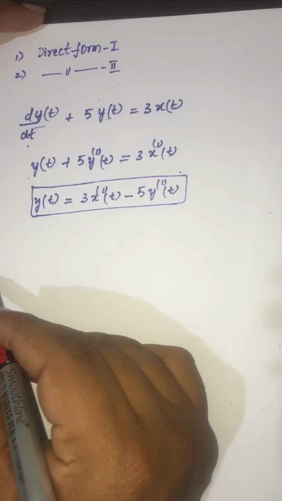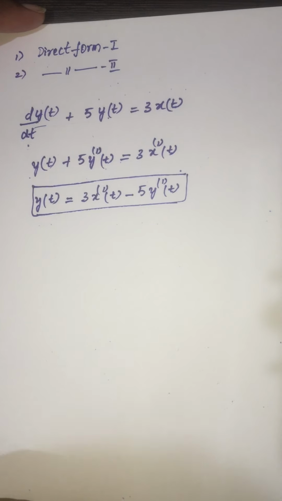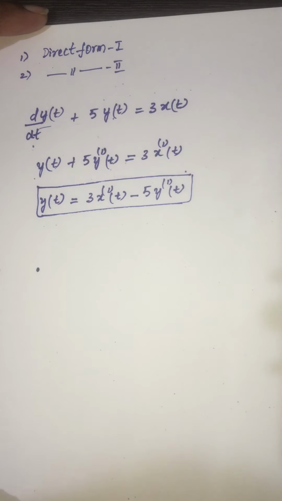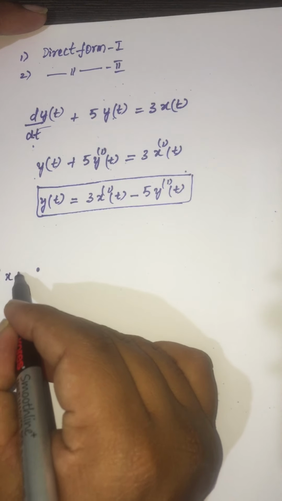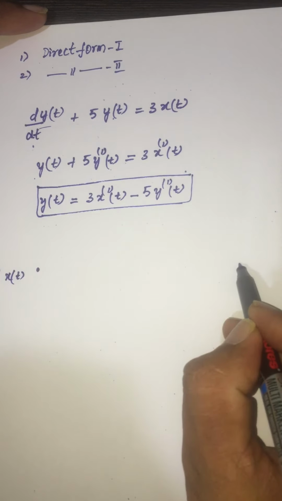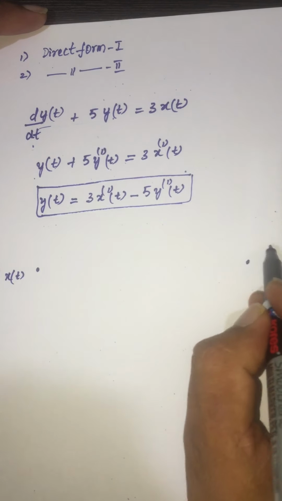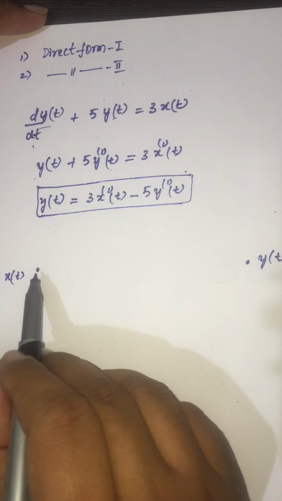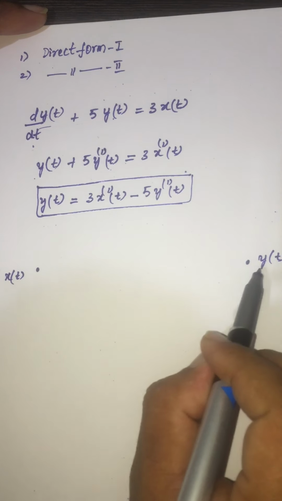Now I have the input on this side, the point marked as x of t, and somewhere here I have another point, y of t. There has to be a flow from input to output.